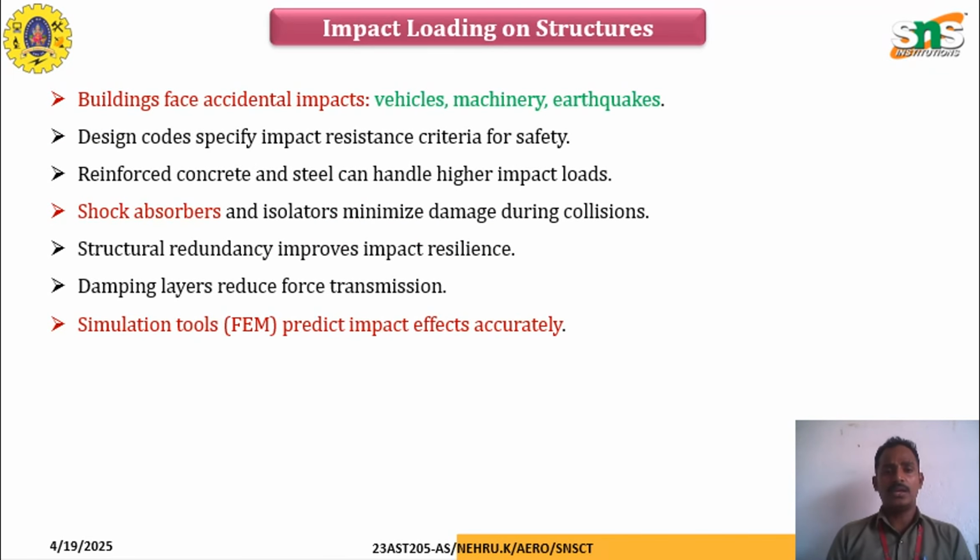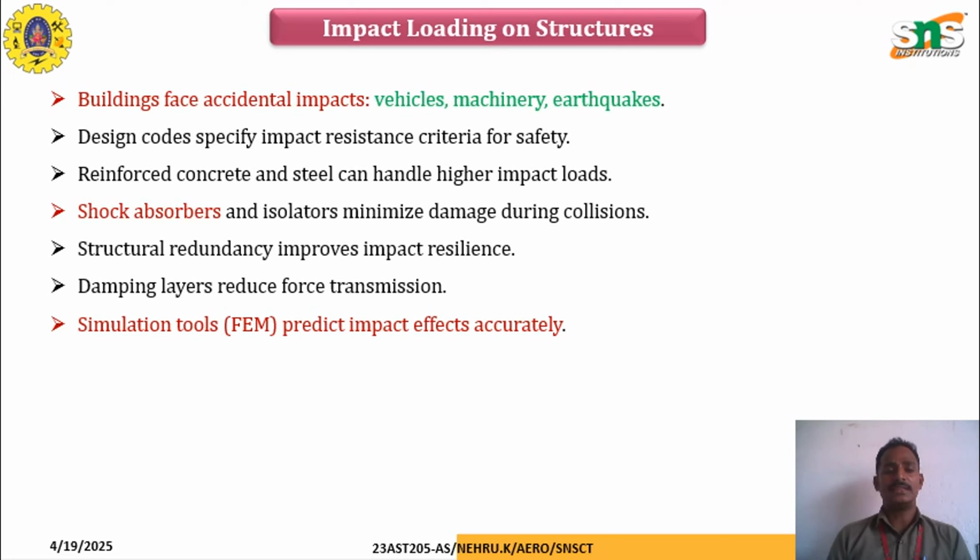Next, coming to impact loading on structures, building structures face a lot of accidental impacts from vehicles, machinery, and earthquakes. Design codes specify impact-resistant criteria for the safety of buildings. Reinforced concrete and steel can handle high impact loads, whereas shock absorbers and isolators minimize the damage during oscillation or collision.